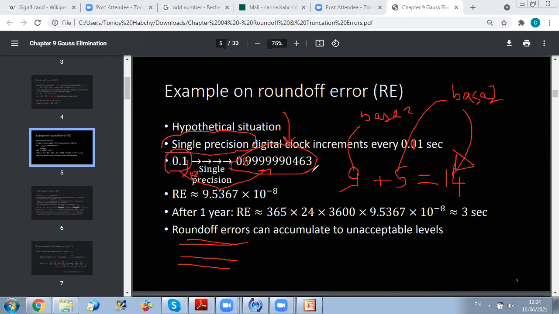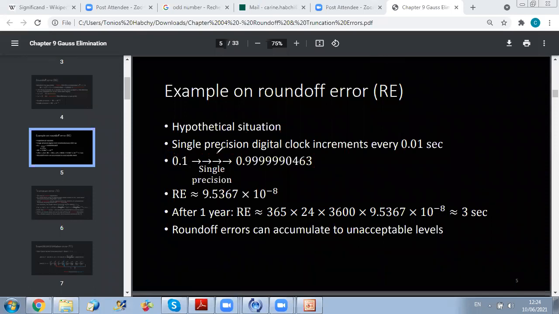So this will involve a certain error. This procedure of going from one base to another to perform the operation will induce a certain error. If we consider the single precision clock, 0.1 after this transformation will give us 0.09999046, which is a little bit different from 0.1.